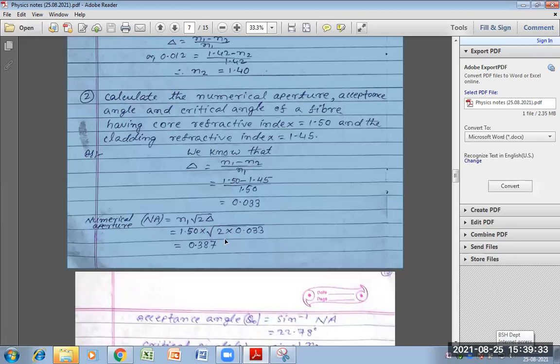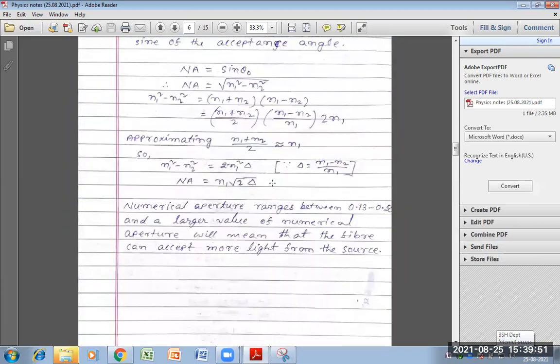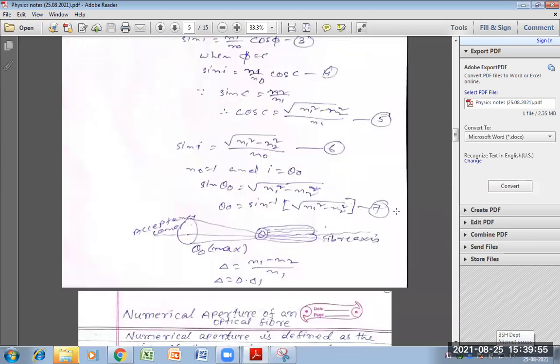इसको सॉल्व करने पर कितना आया 0.387। न्यूमेरिकल एपरेचर इज इक्वल टू 0.387। अभी हमारा फर्स्ट क्वेश्चन यहाँ पर क्या था, कैलकुलेट द न्यूमेरिकल एपरेचर। नेक्स्ट क्वेश्चन इज क्या है, एक्सेप्टेंस एंगल। एक्सेप्टेंस एंगल इज इक्वल टू कितना दिया हुआ है, ये acceptance angle is given in equation 7.